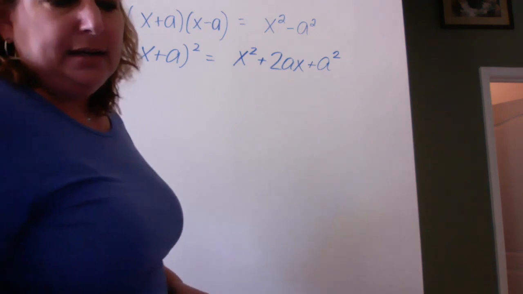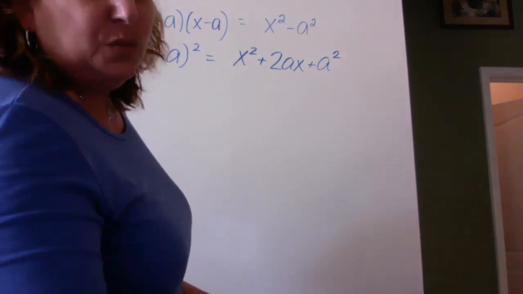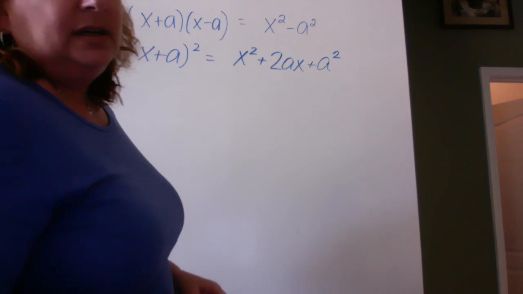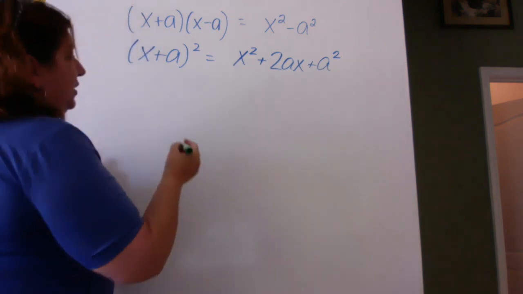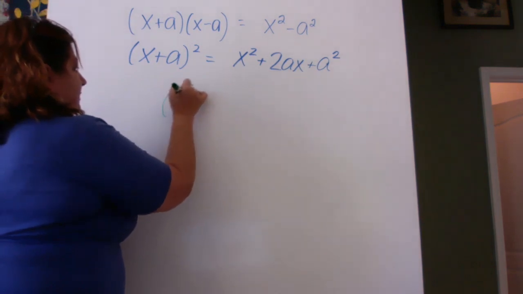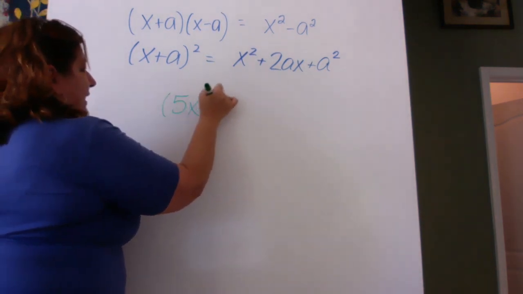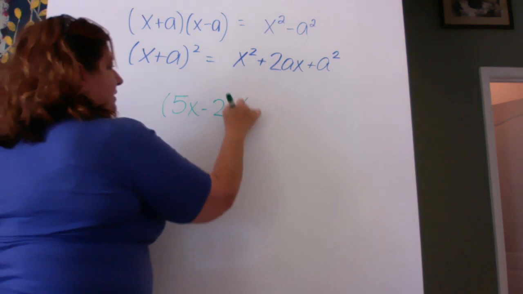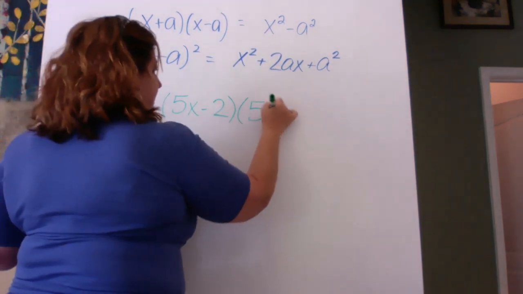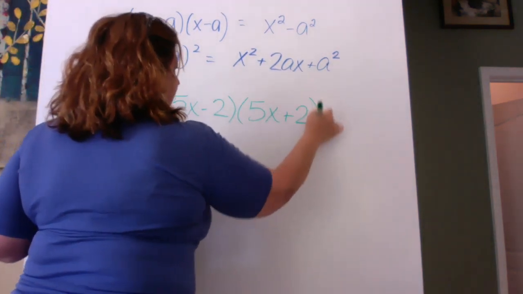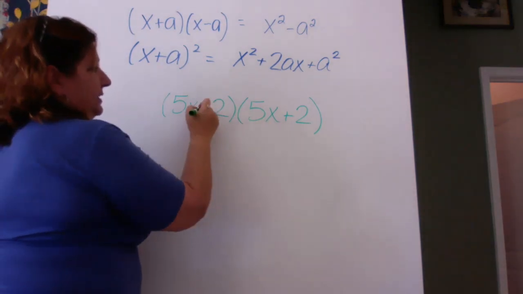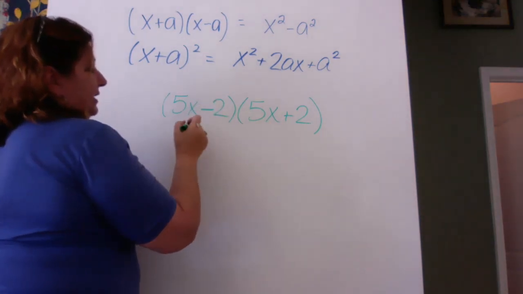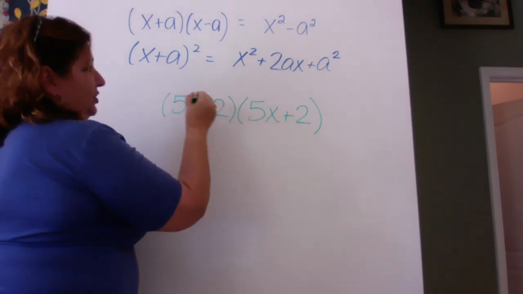And then I want to show you what happens when we have coefficients that aren't 1. So if I had 5x minus 2 times 5x plus 2, remember, I have two opposites. That means I'm going to square the first two terms.